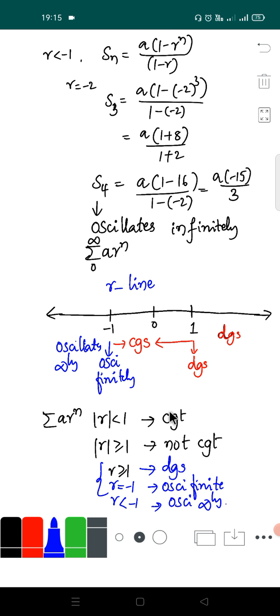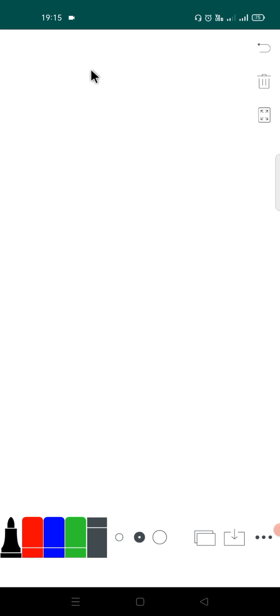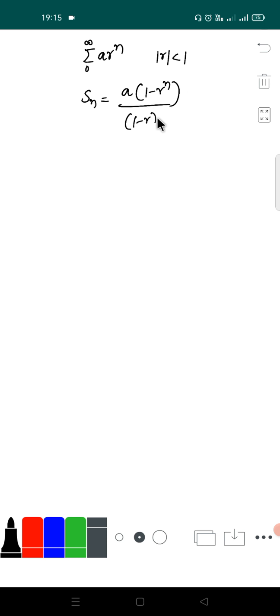Now we examine its convergence. If it is convergent, what is the value that it is converging to? For suppose the geometric series a r to the power of n, if modulus of r is less than 1, we know that it is convergent, and the sequence of partial sums is a into 1 minus r to the power of n divided by 1 minus r.